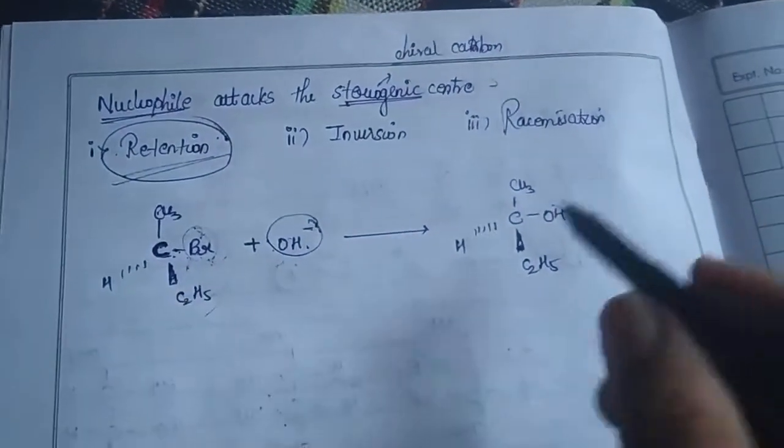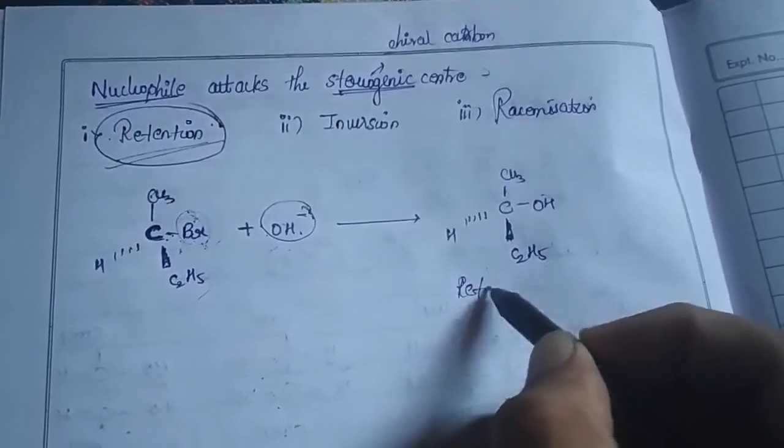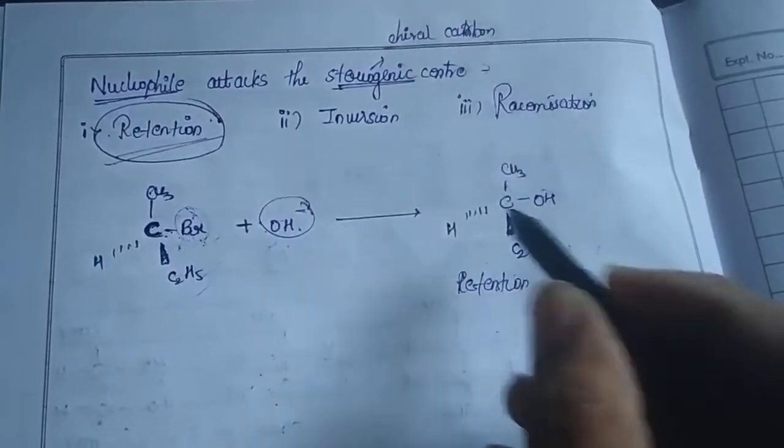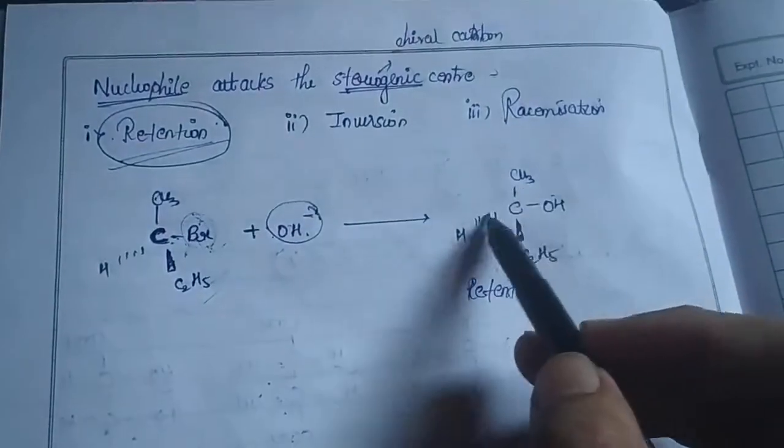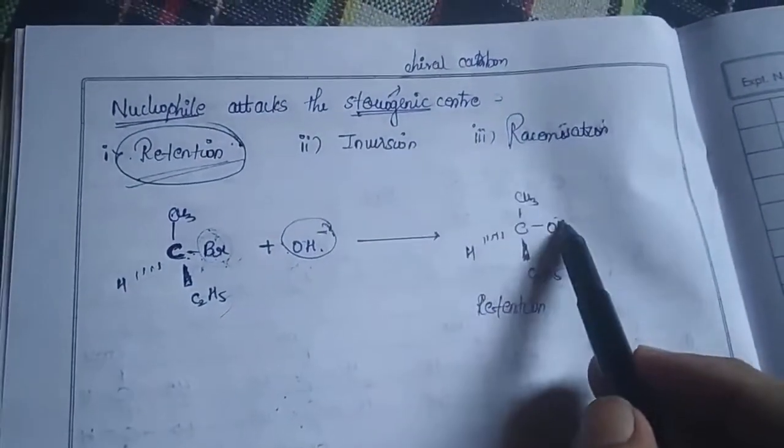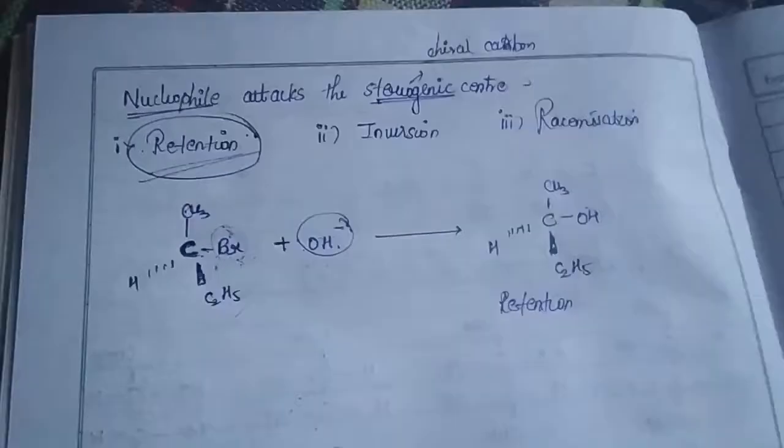This is an example of retention. No bond has shifted; the bond remains where it was. That is called retention.